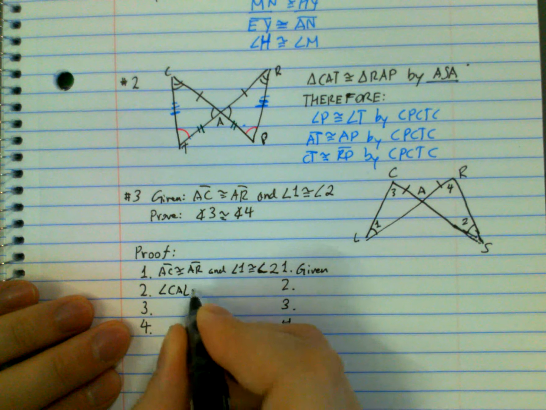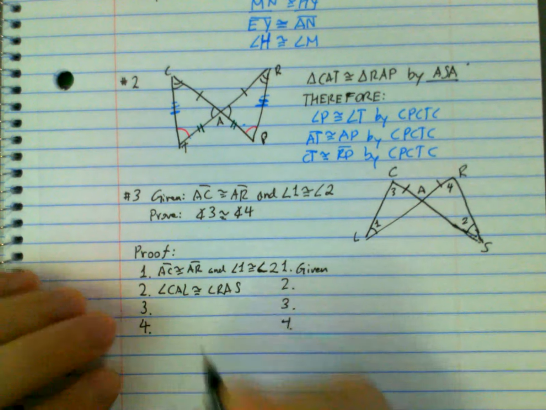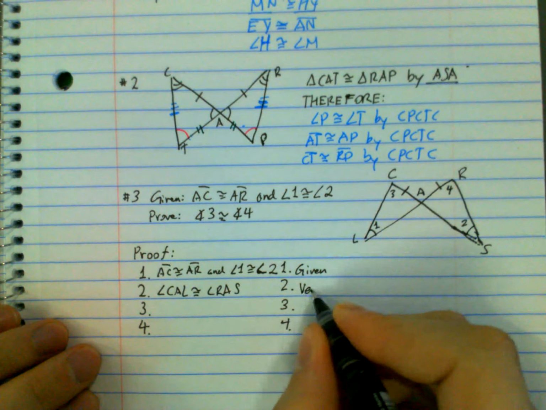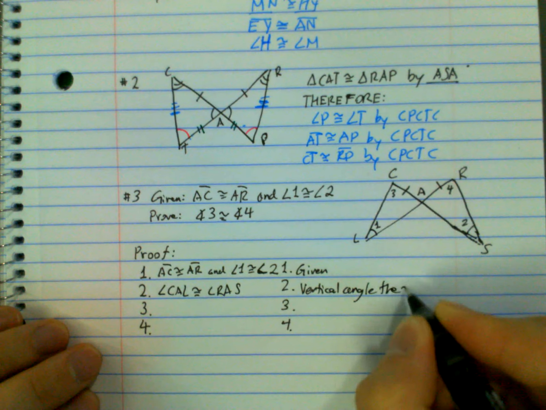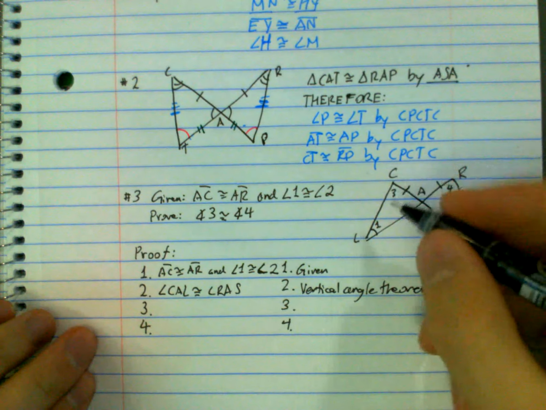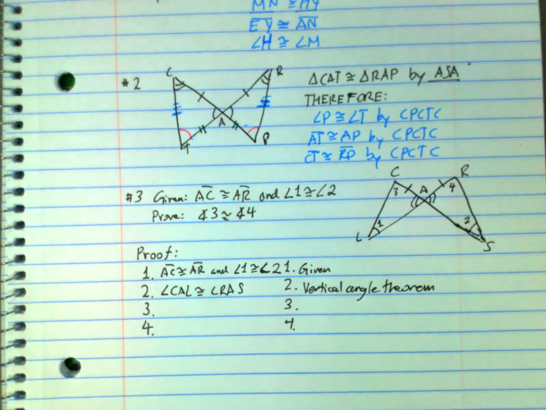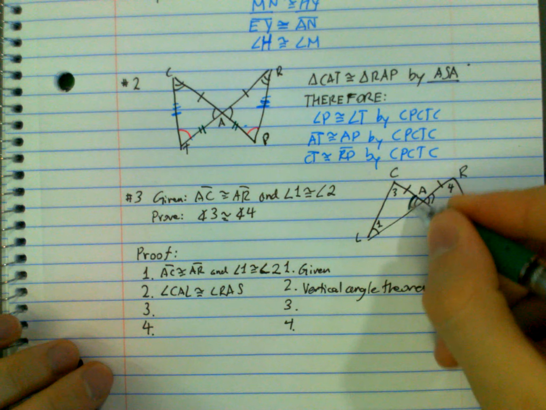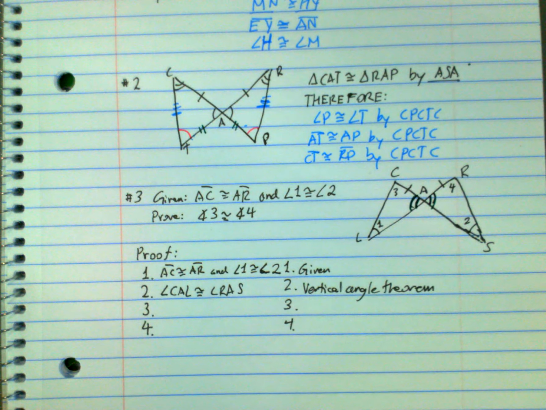Angle CAL is congruent to angle RAS by the vertical angle theorem. If you just wrote vertical angles, I'd be okay with that too. Okay? So these guys are congruent to each other. I probably should do them in different colors. Okay?